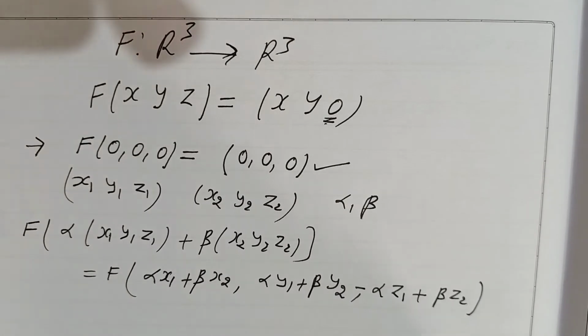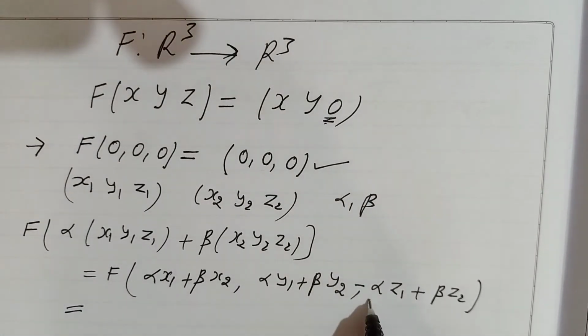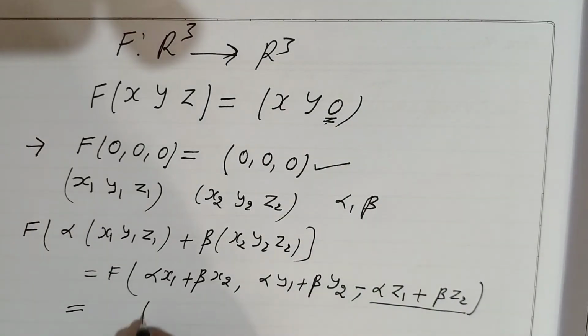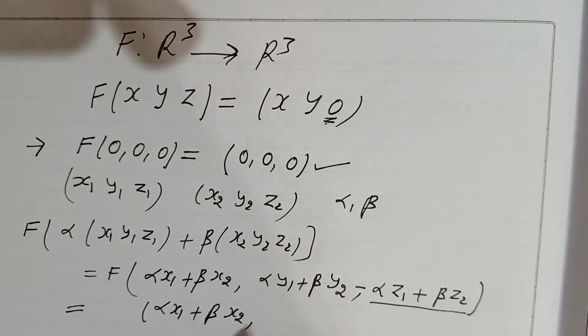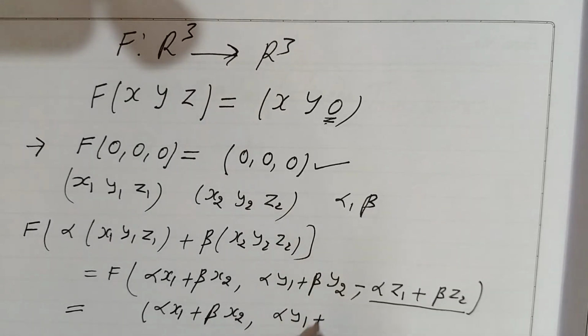Now what is the image of this? The x component, the y component, and the z component is 0. So the image will be alpha x1 plus beta x2, alpha y1 plus beta y2, 0.